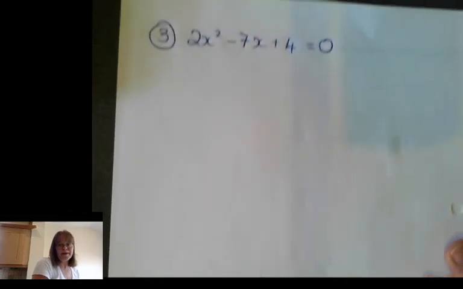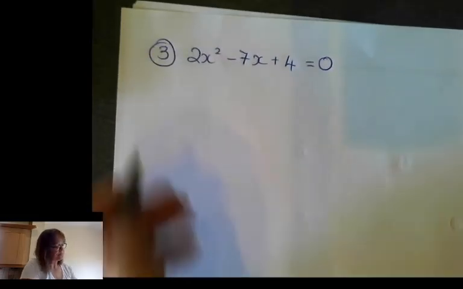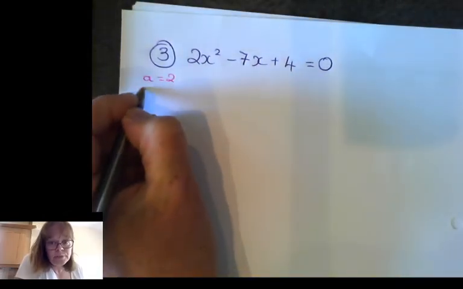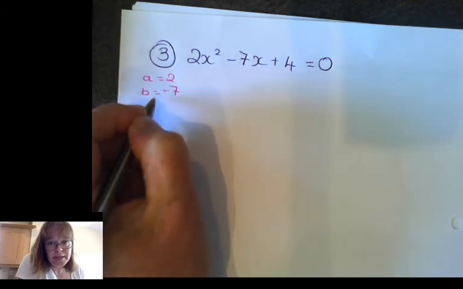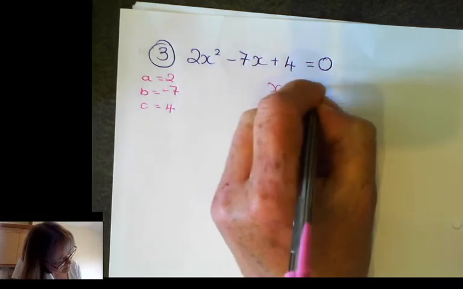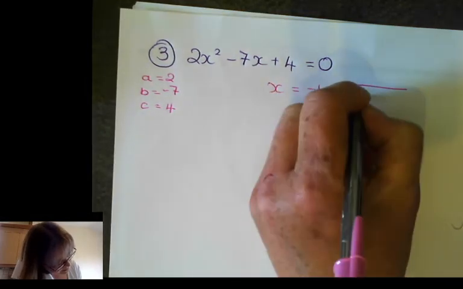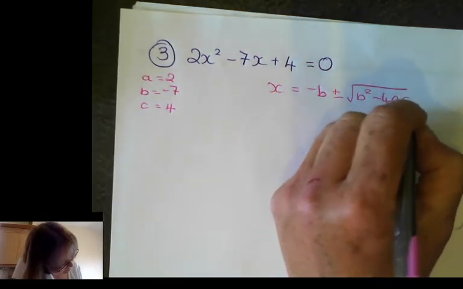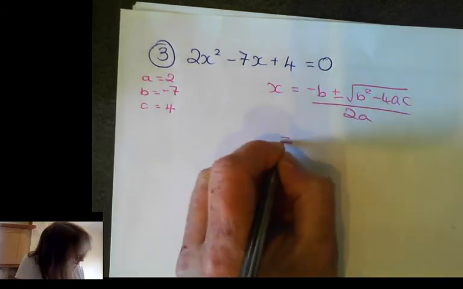Okay, if you've tuned out on the surds, you're back again for one last example. So A is 2, bit quicker this time because we should be getting better at this, and C is 4. Write out the formula because eventually we'll learn it, and carefully fill it in.